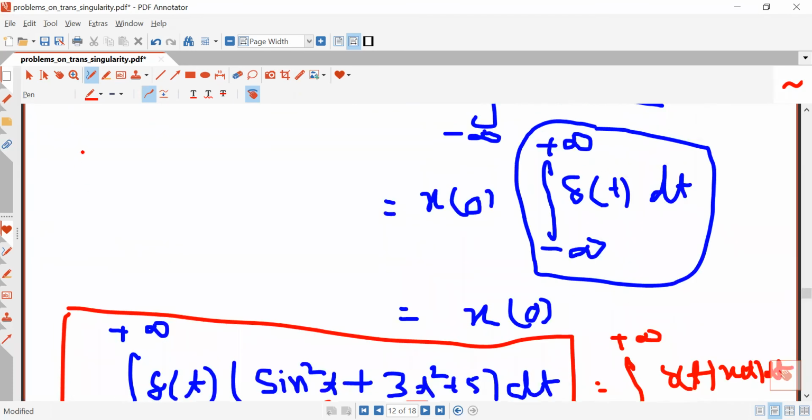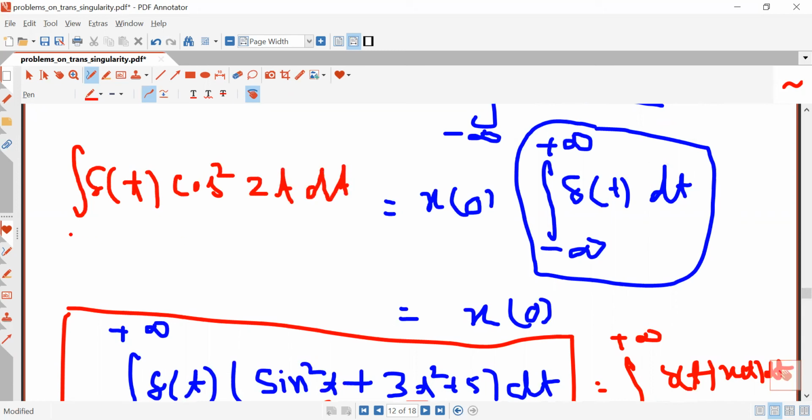Suppose I am asking you, what will be the value of delta t cos square 2t dt? What will be the value of this integration from minus infinity to plus infinity? So in this example, you have to consider this as x(t). So this integration will be delta t x(t), which will be equal to x naught.